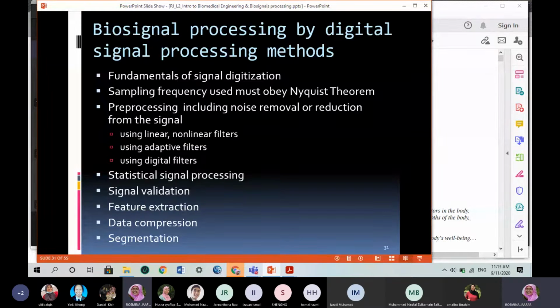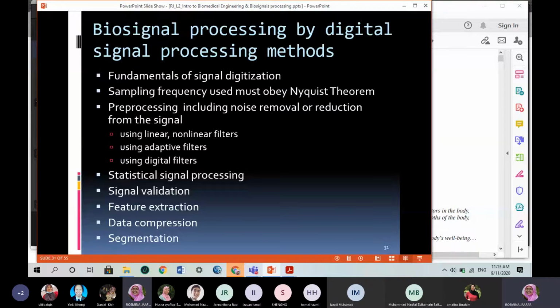So it involves fundamentals of signal digitization, which is conversion from analog to digital. When you involve digitization, the sampling frequency must be obeyed, where you follow the Nyquist theorem. It must be more than twice the signal frequency.